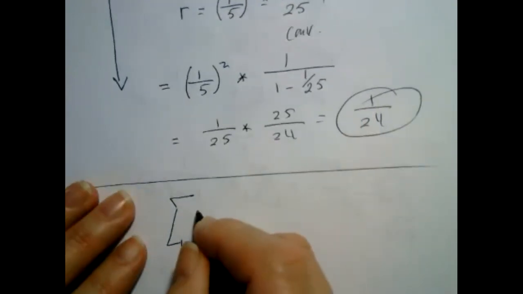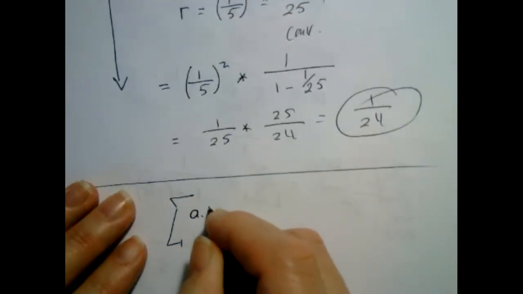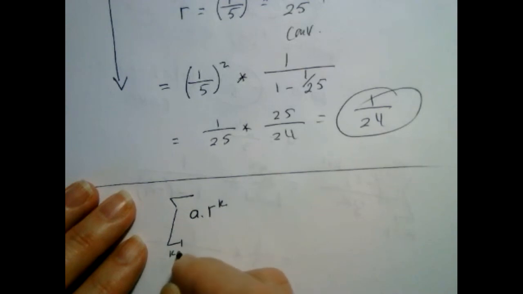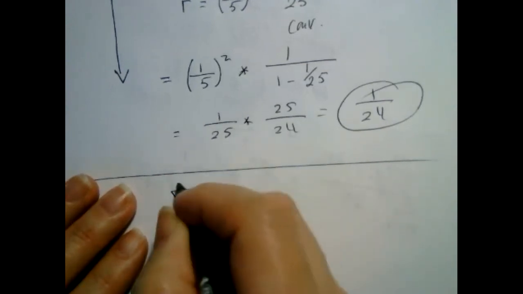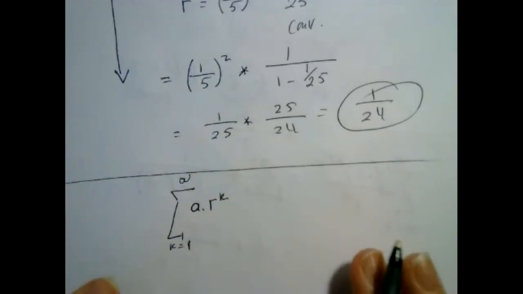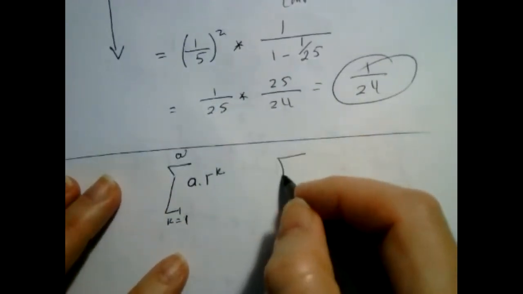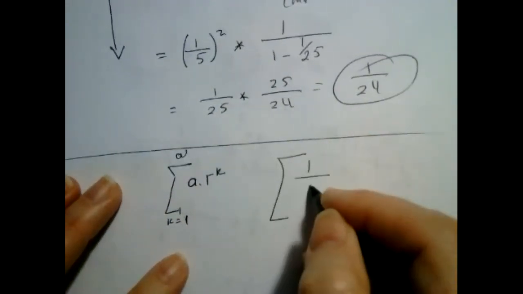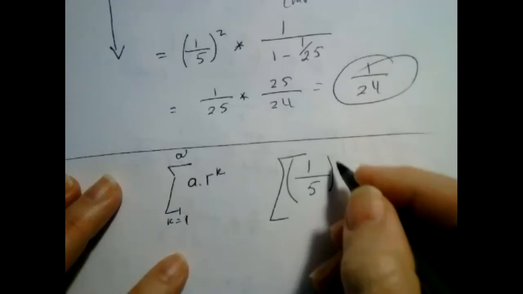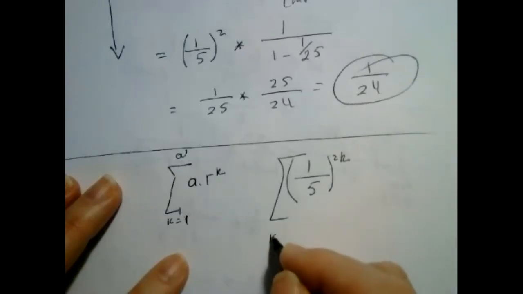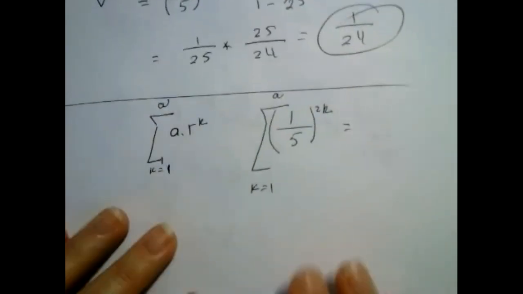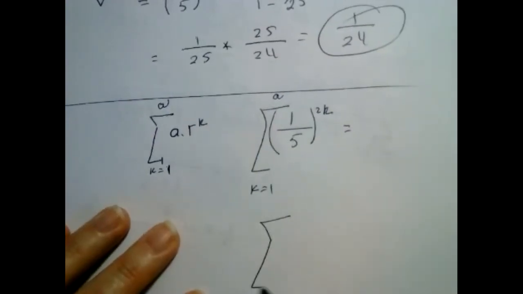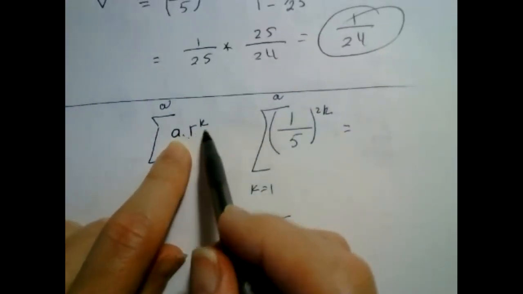A geometric series should have the form A times R to the K. K can start at 1 or anywhere, it doesn't really matter. But it should be R to the K. So in my series here, 1/5 to the power 2K, K equals 1 to infinity, how can I write it so that it will have this form, R to the K?